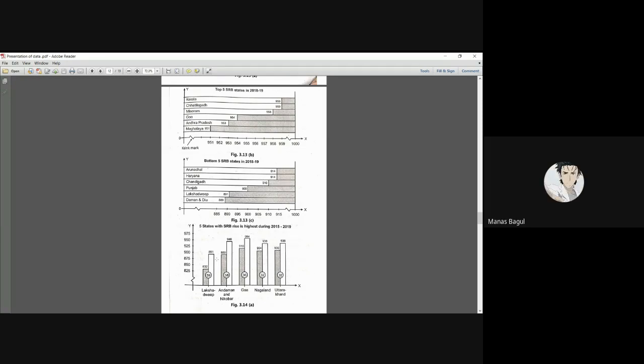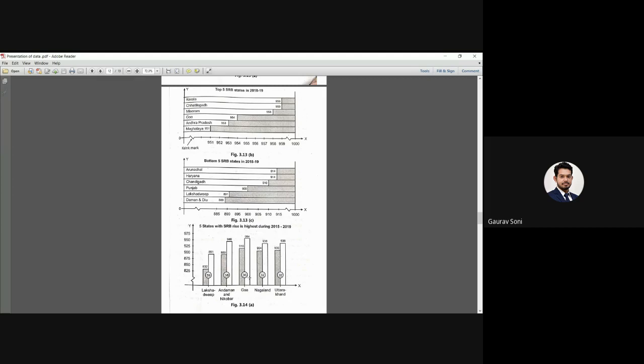So Goa is the most progressive one. Why so? Because it was already in the top five SRB states, and in the rise in SRB during 2015-16 to 2019, it was the third highest. So among all these states, it's the most progressive.